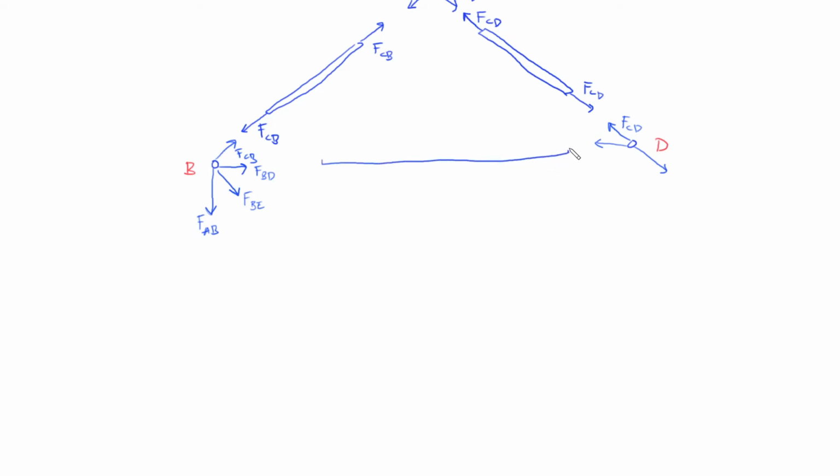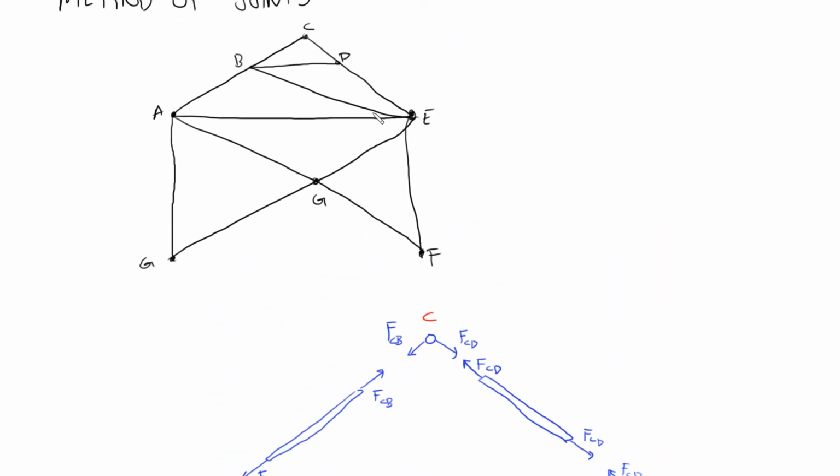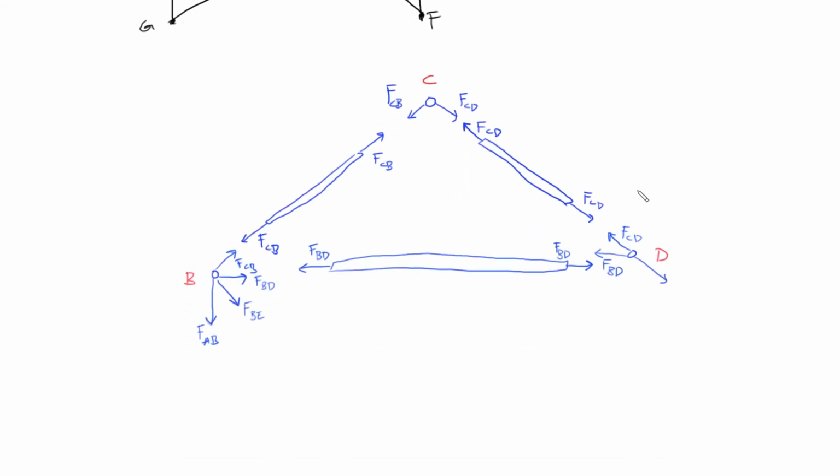So something that looks like this. I think I drew it too wide. Something that looks like this. So we could say this is that reaction force and that reaction force right there. So that's going to be FBD. That's going to be FBD. And this is going to be FBD. And then this reaction force on this two-force member will be FDE.